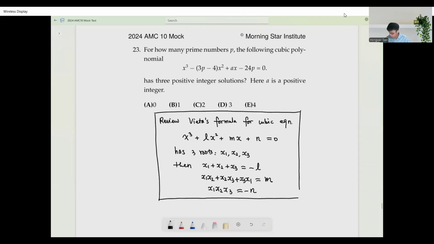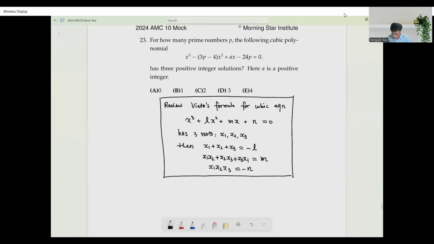Now let's come to our question. In our problem here, suppose we still have 3 positive integer solutions. Let's call them x1, x2, x3 still.